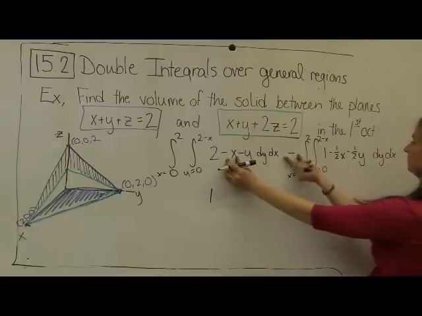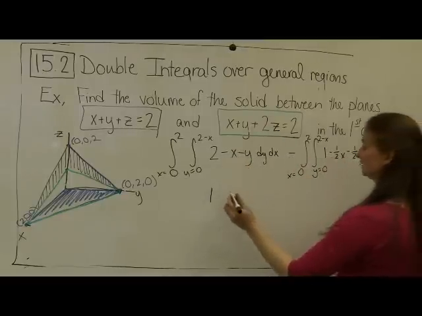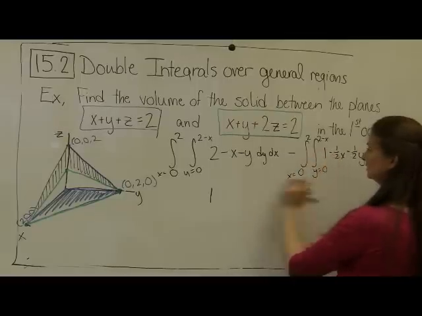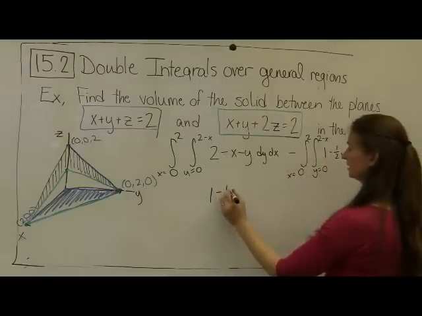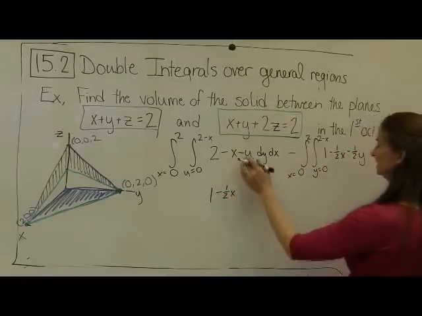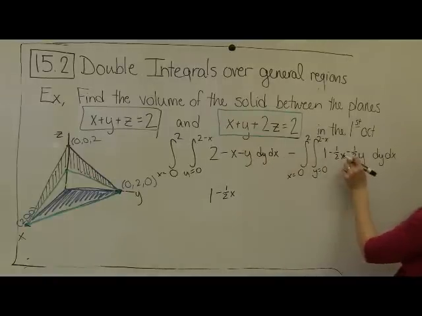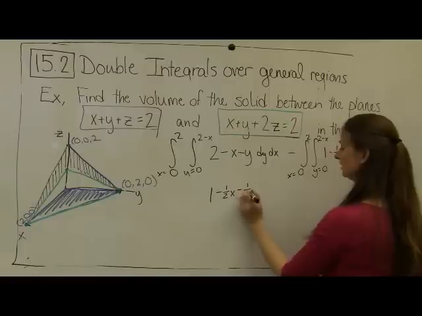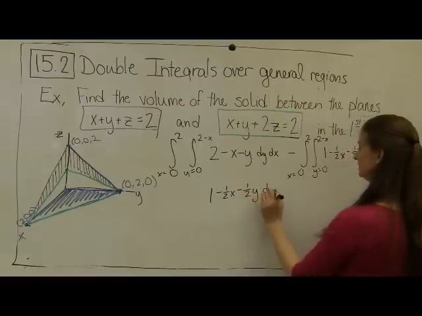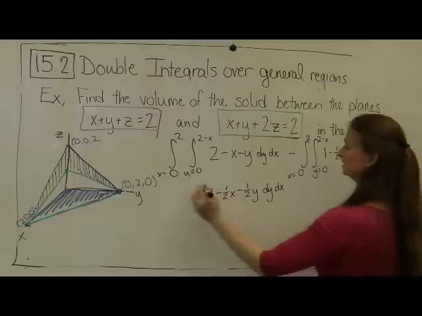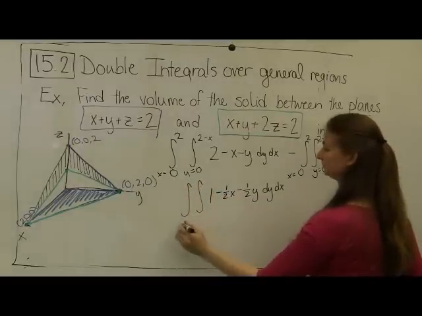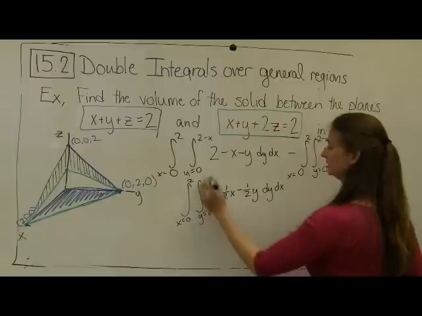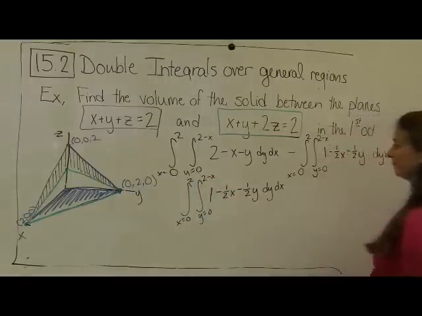Negative x minus 1/2 is going to be adding a half to a negative x, so that's minus 1/2 x. Negative y minus 1/2 y is negative y plus a half of a y, which becomes just minus 1/2 y, dy dx. X equals 0 to 2, y equals 0 to 2 minus x.